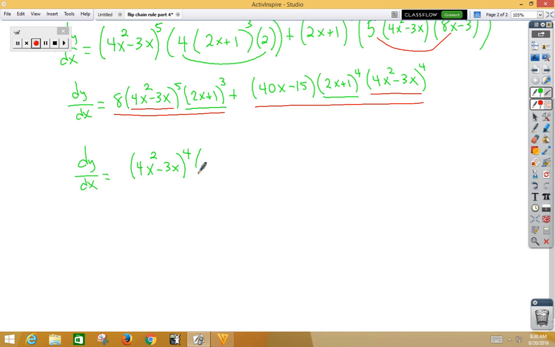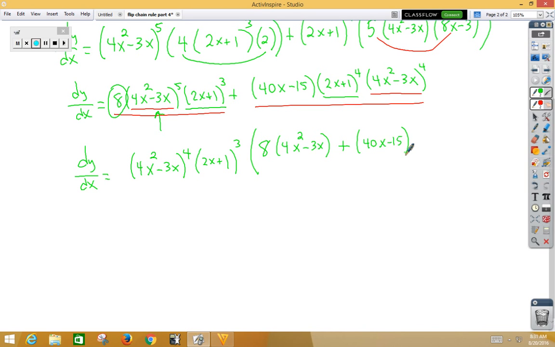If I factor out the smaller exponent, 2x plus 1 cubed, then inside I have left over my 8, so I'm going to put an 8. I have 1 4x squared minus 3x left over, so 4x squared minus 3x, plus, in our back half, I have the 40x minus 15 left.